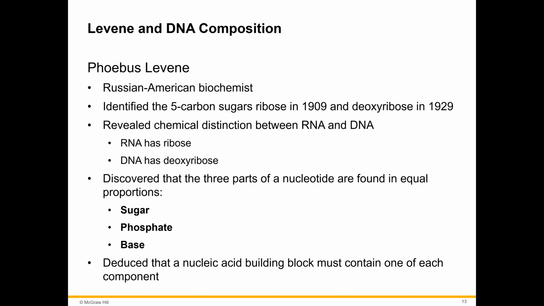Or you have a million sugars, a million phosphates, and a million bases. So Levene proposed that there should be a building block that has all of these components. One building block has sugar, phosphate, base, another building block has sugar, phosphate, base, and you put a million of these building blocks together, and this way you have the same proportion of sugar, phosphate, and base within the DNA molecule, right?